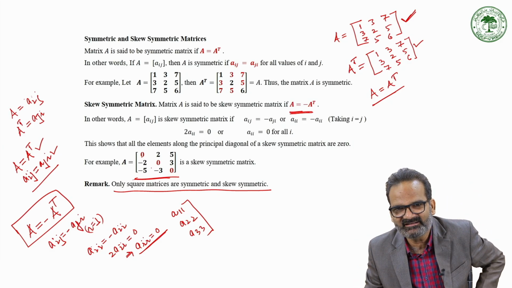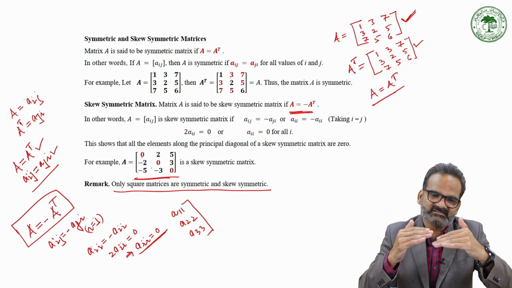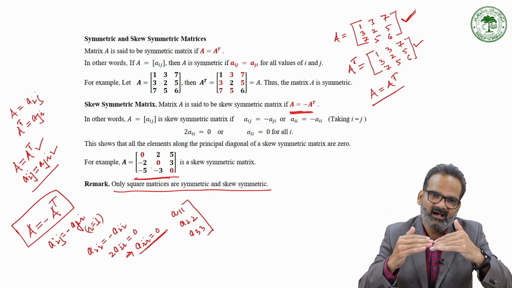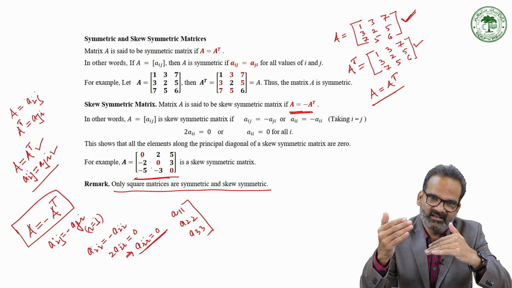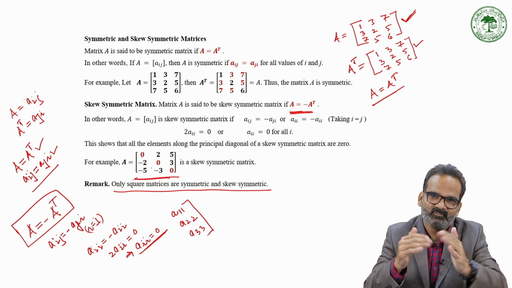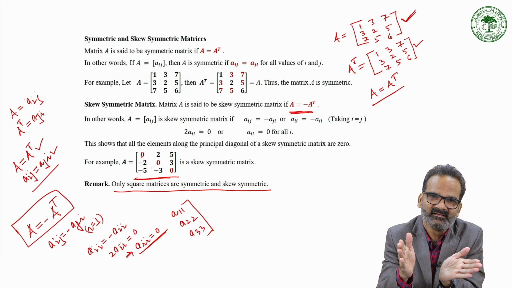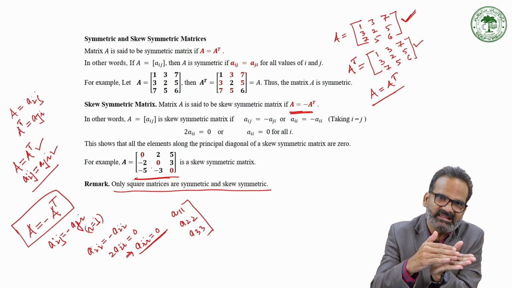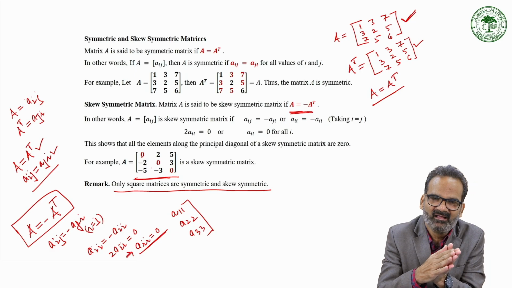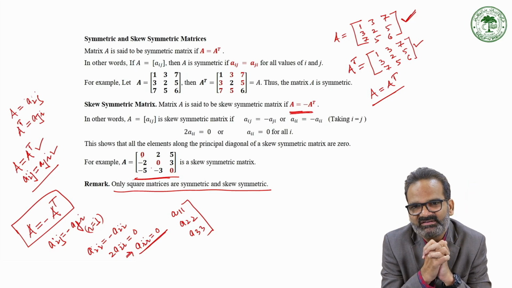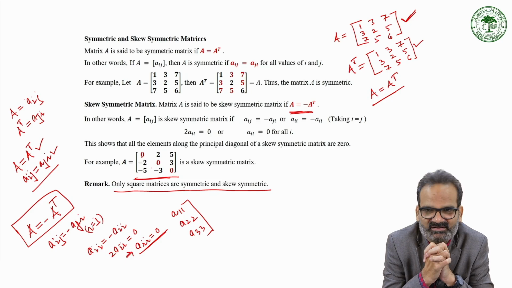What happens in the symmetric case? In a symmetric matrix, the elements lying above the diagonal and the elements lying below the diagonal are both the same. But if the elements lying above the diagonal and the elements lying below the diagonal are negatives of each other, then the matrix is called skew symmetric.